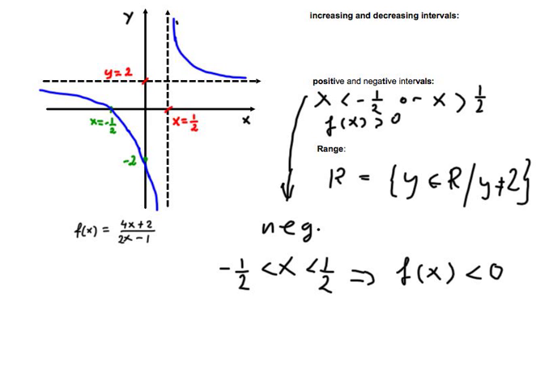Okay, increasing or decreasing intervals. Please note how this function behaves as you read it from left to right and you continue sliding down. So this is a very intuitive approach. This is not a calculus course here. So this is why we say that by observation, as you read it from left to right, you decrease the values of y, which means the function is always decreasing.